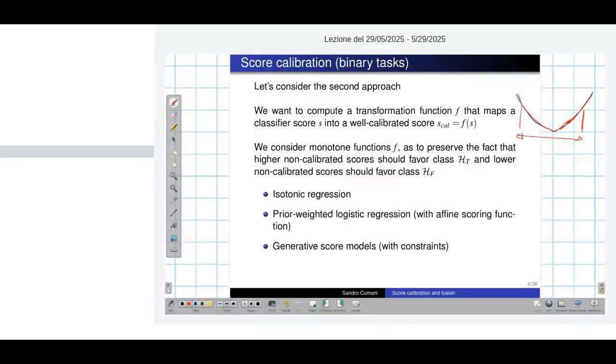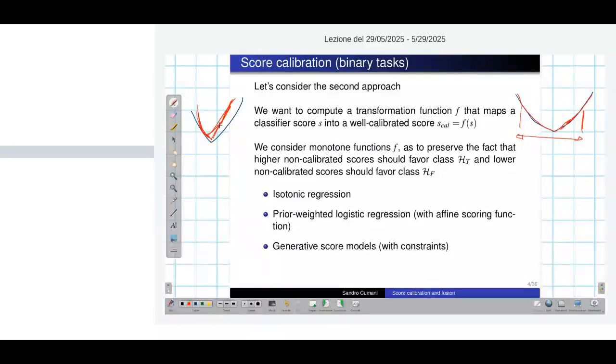So if we have a model that is providing scores that are not well calibrated, so for example, the mean DCF and actual DCF look something like this, can we make something out of these scores to make them calibrated?